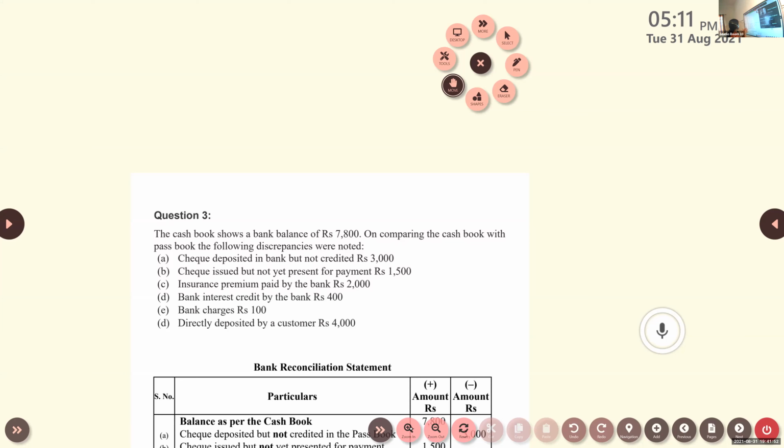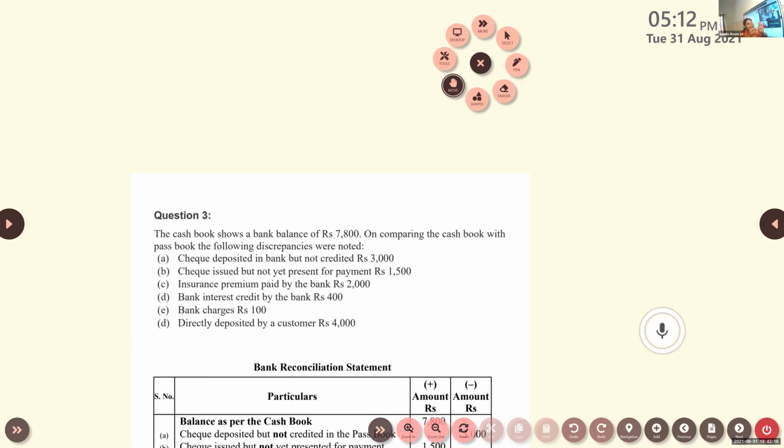Okay. Now, check deposited in bank but not credited. Tell me what to do with that. Check deposited means what? Check came inside the business.